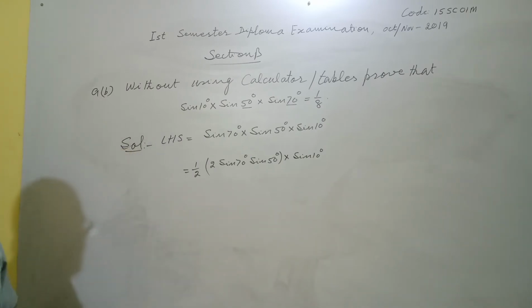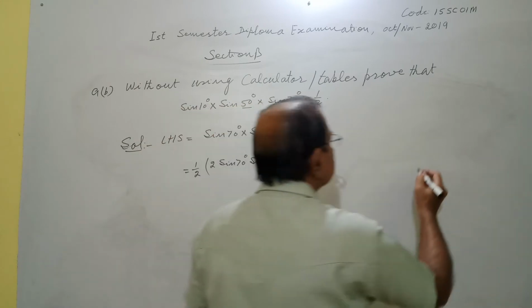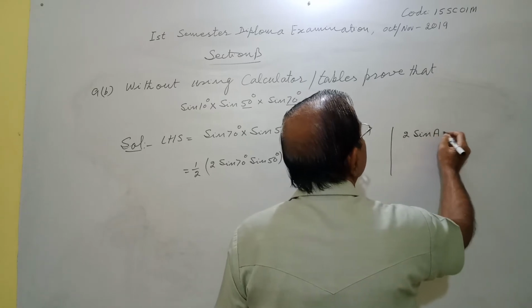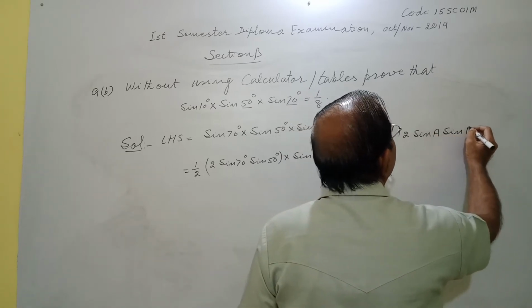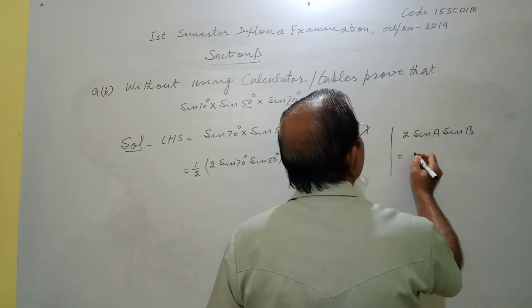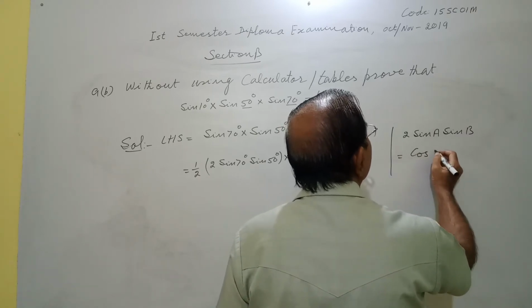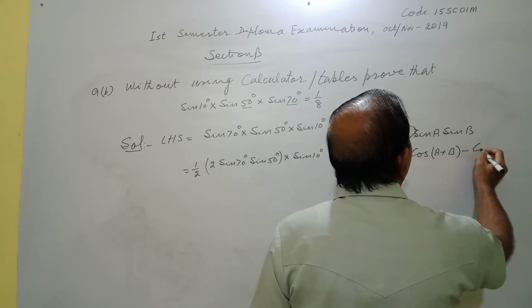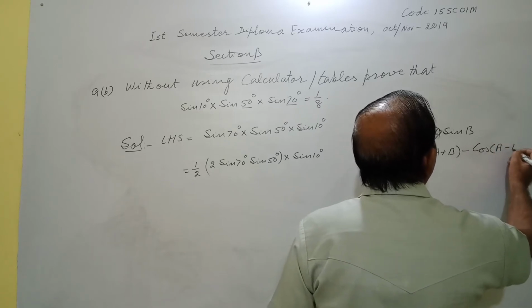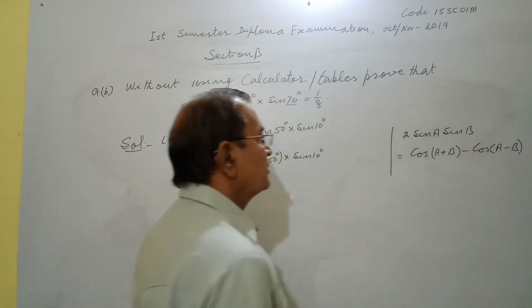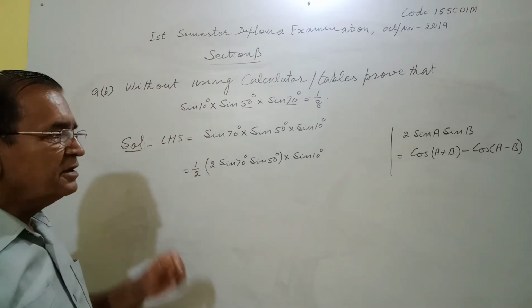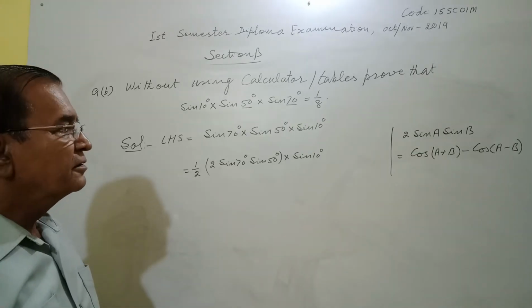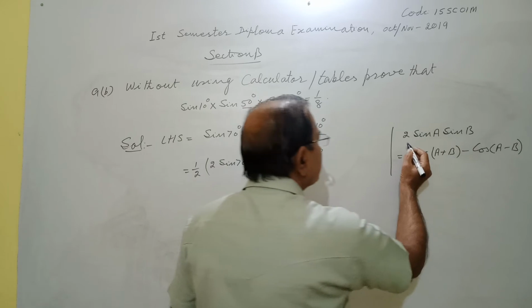Then use the identity of 2 sin A sin B, equals cos A plus B minus cos A minus B. I think a negative sign is also there.